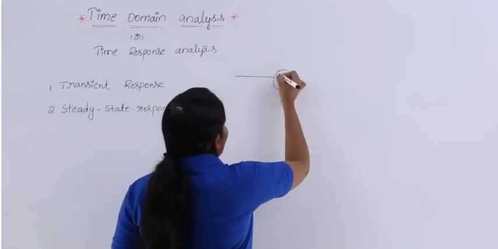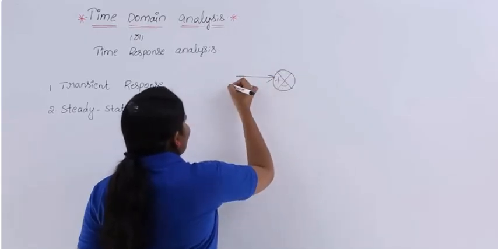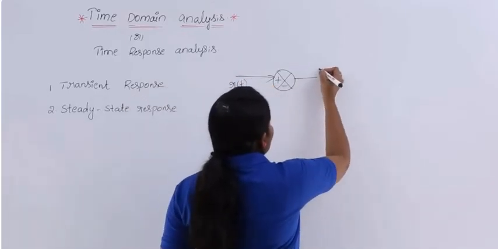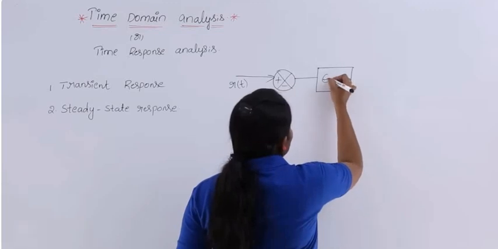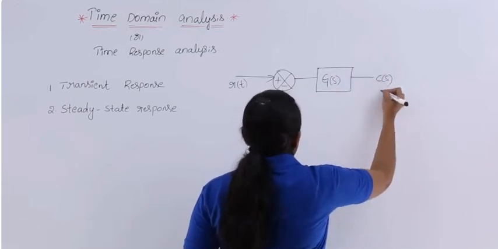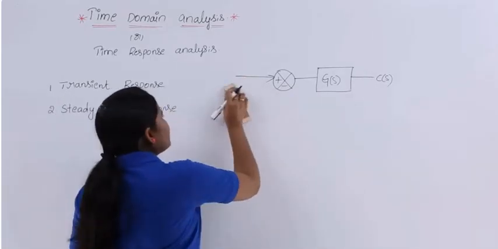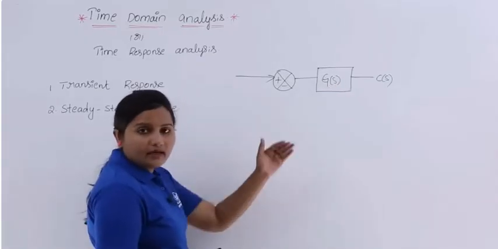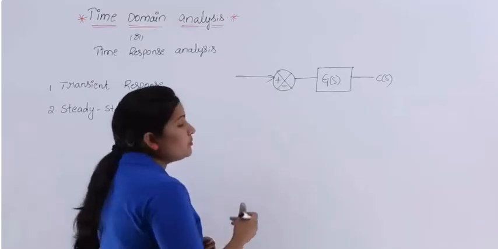So here I am going to consider a control system. I am giving a signal R of t, and here I have an open loop gain G of S, and the output C of S. As previously, we consider them as transforms, because the open loop gain and forward path gain are given in terms of the Laplace transform.